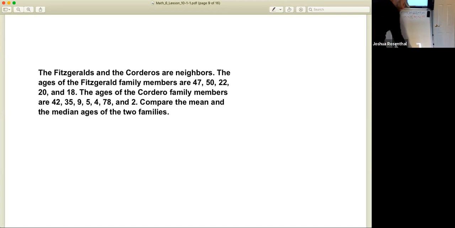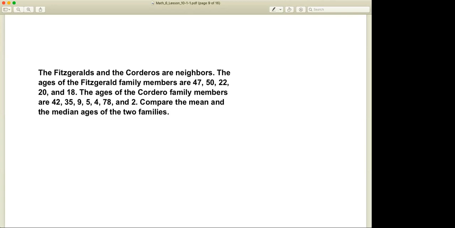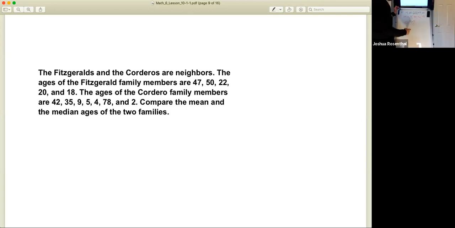Let's do the mean of these. So I'm going to add these all up and divide by how many there are. 38, 60, 107, 157, divided by 5. That's 31.4 for Fitzgerald's. That's the mean.